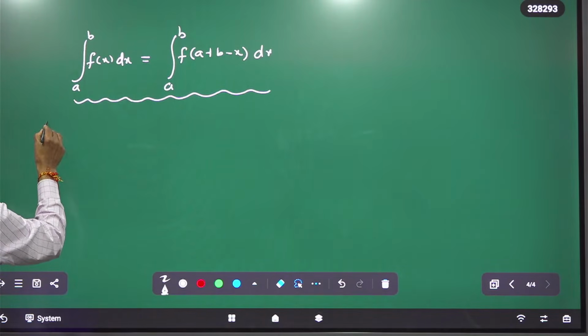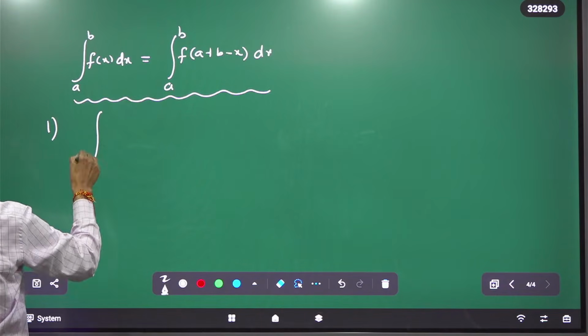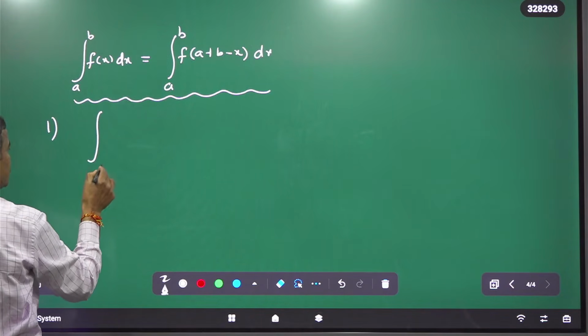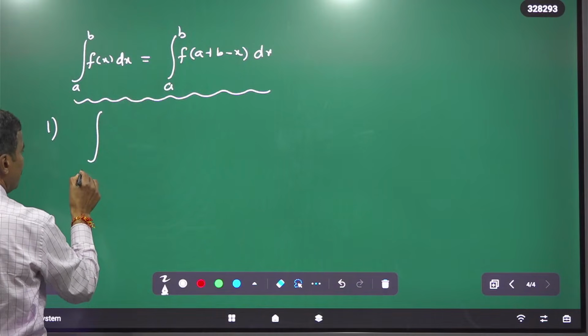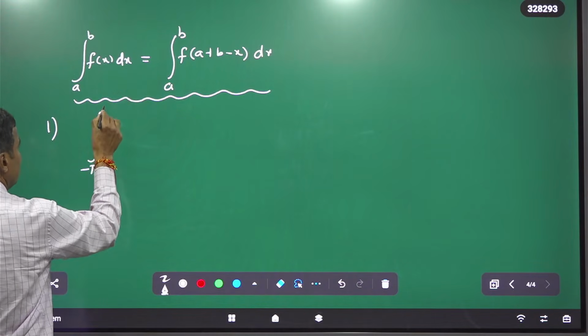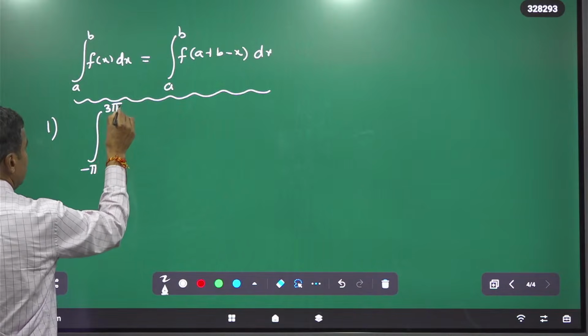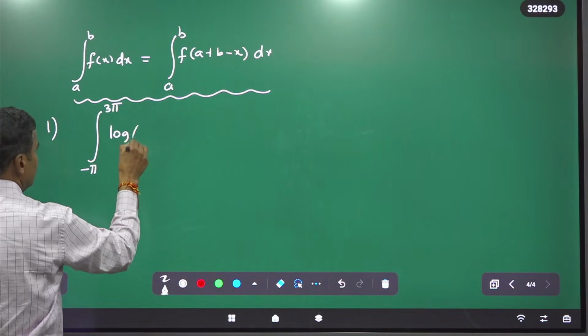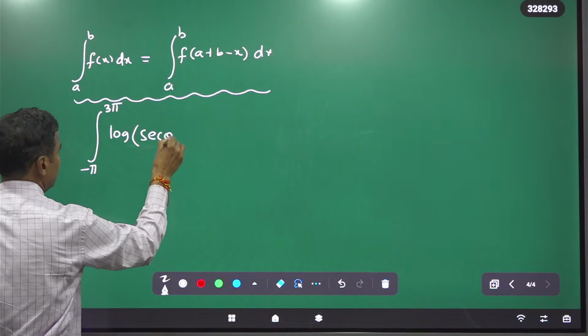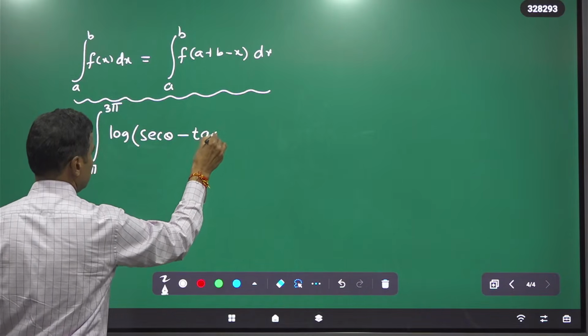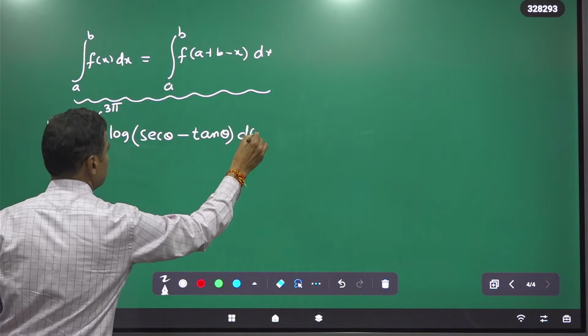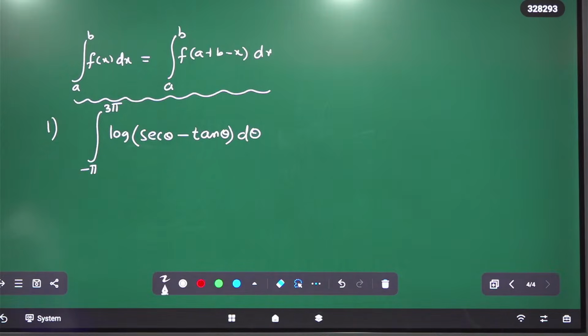Suppose you take the integral from minus pi to 3 pi of log of secant theta minus tan theta d theta. We have to find the integration of this function.